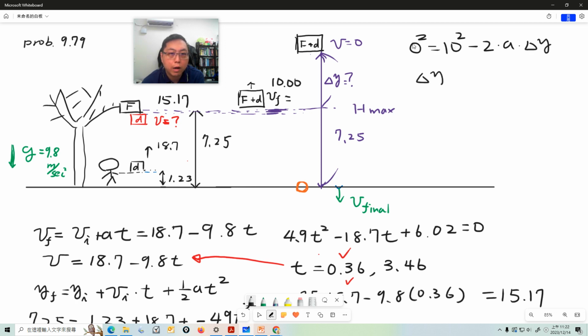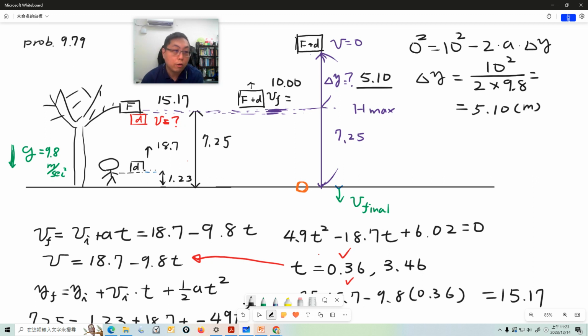So our delta y is 10 squared over 2 times 9.8. What is our delta y? I think 5 point something. It's 5.10 meters.